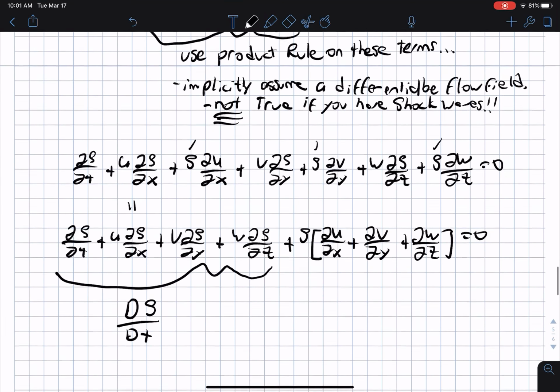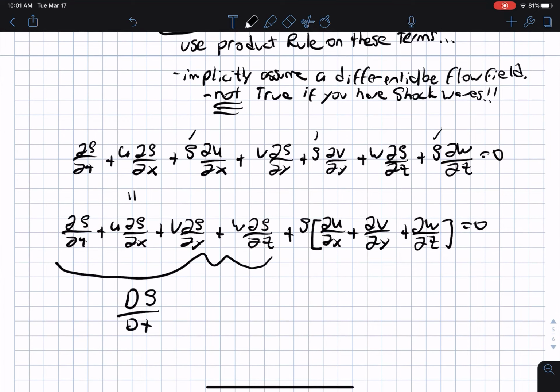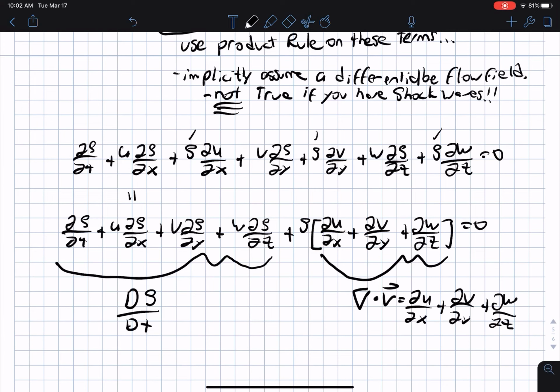And this term here is the divergence of the velocity field. Because if you recall, I showed earlier, the divergence of the velocity in 3D Cartesian is partial u partial x plus partial v partial y plus partial w partial z.